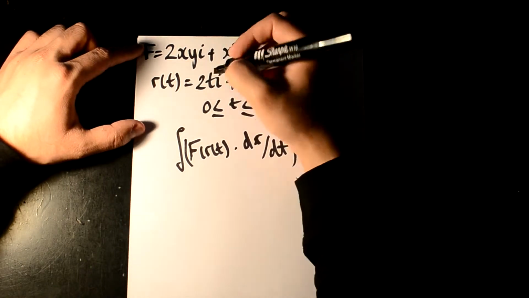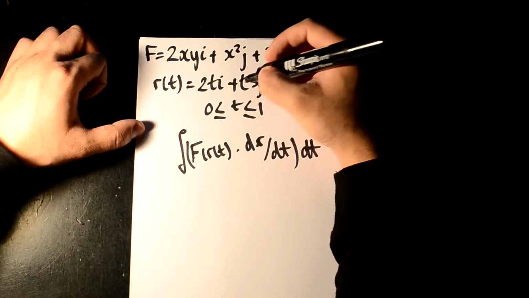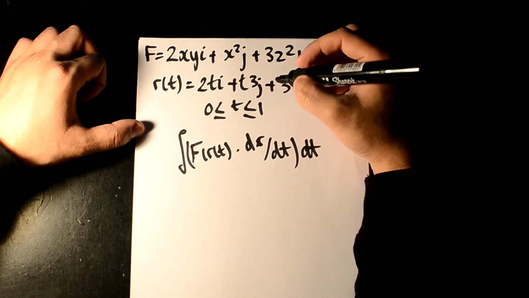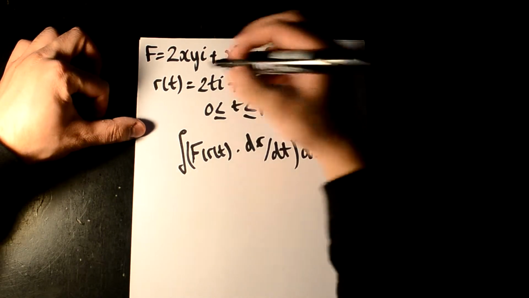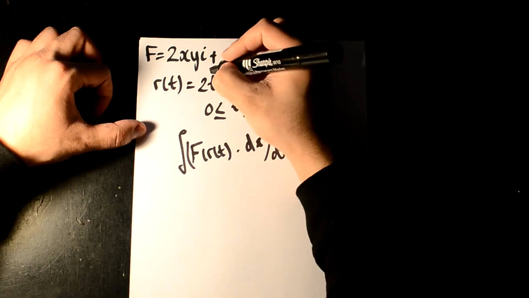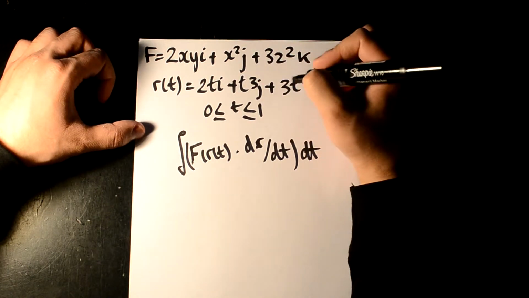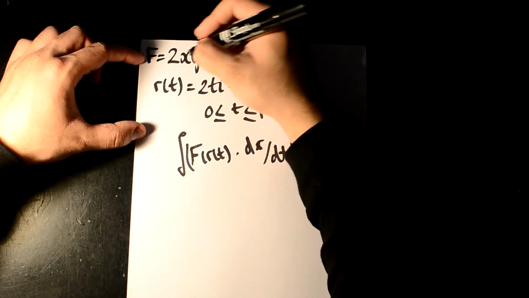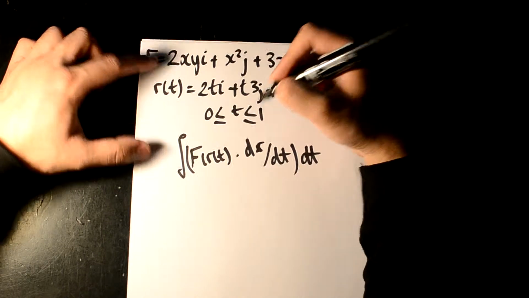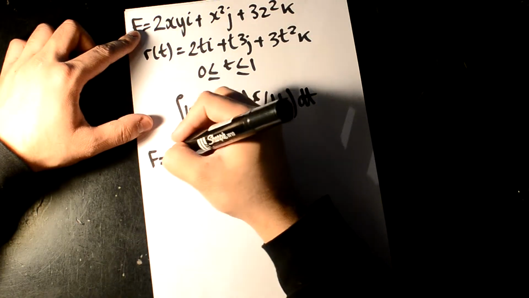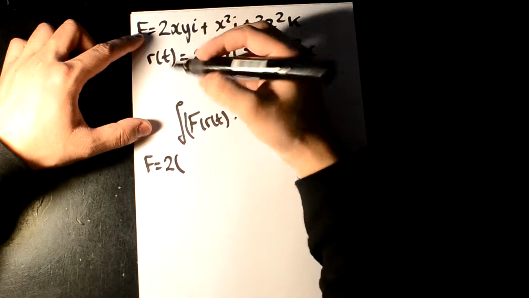So now what we're going to do here is, you can see we've got 2t i plus t cubed j plus 3t squared k. So now we say that this is the x part, this is the y part, and this is the z part, and plug it into this equation. So now f would be 2xy.